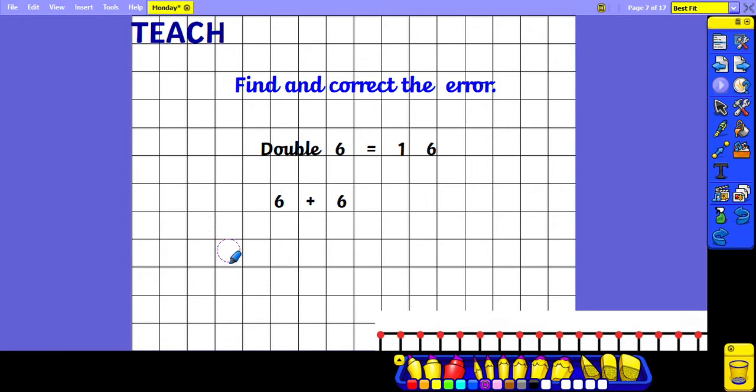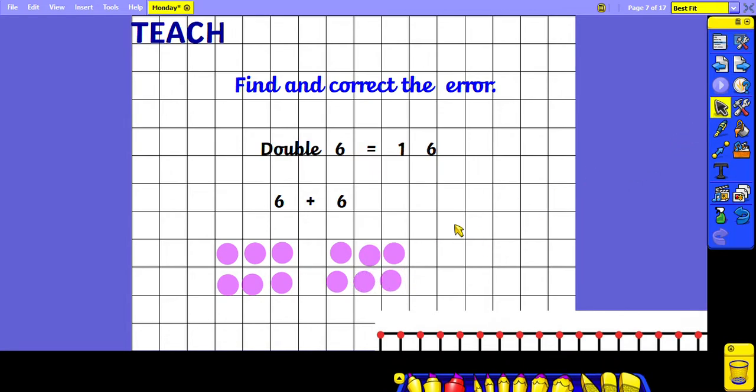So I'm going to draw out 6 to start with. So 1, 2, 3, 4, 5, 6. And then I'm adding another 6. So I'm going to draw out another 1, 2, 3, 4, 5, 6. To work out what 6 add 6 is, I can count how many I've got in total.